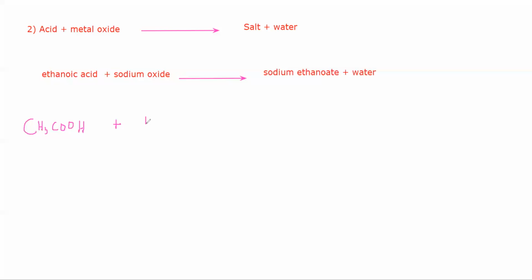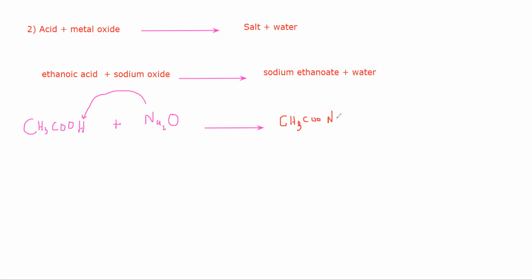Sodium oxide, because sodium is group 1, oxygen group 6. So the sodium oxide formula is Na2O. This again, the metal will always displace the hydrogen. So what is the result? It results in the formation of CH3COONa. Why?